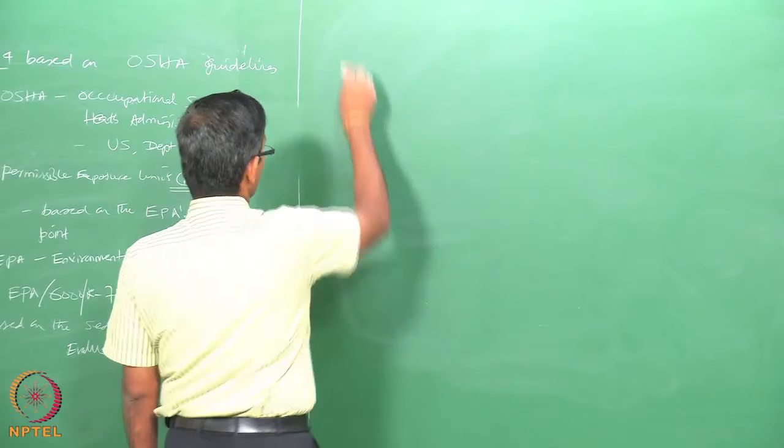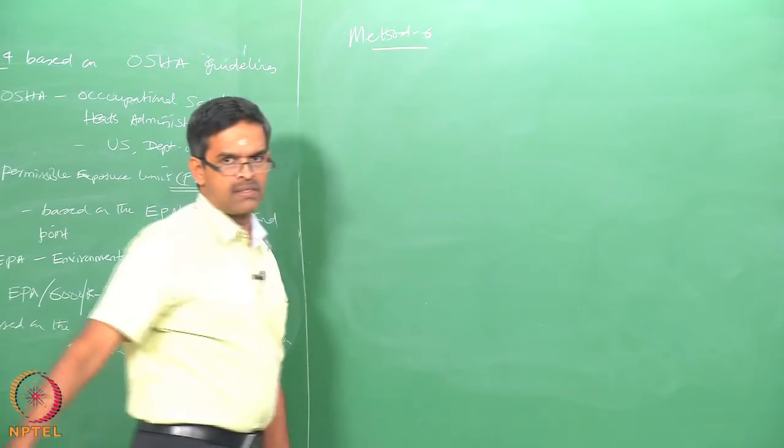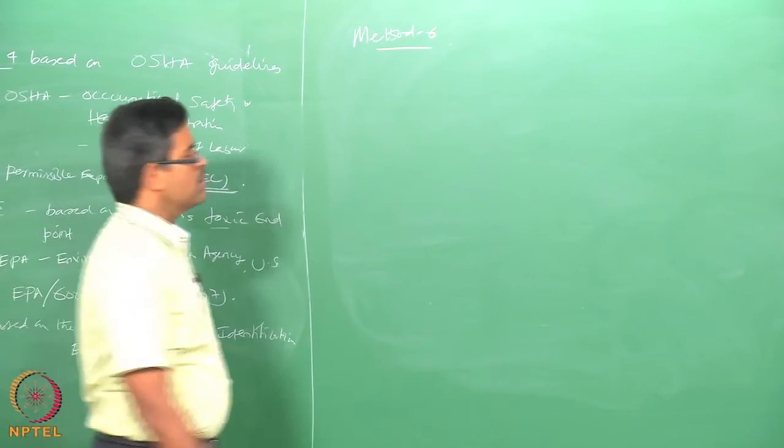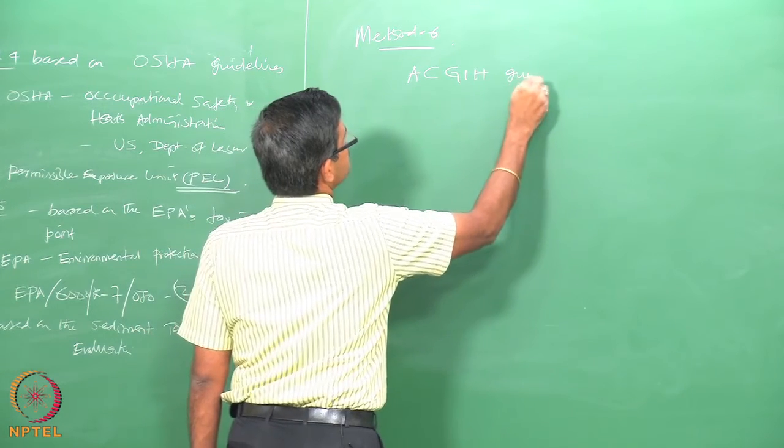Alternatively, one can use another method, which we may say as method 6, which is based on ACGIH guidelines.